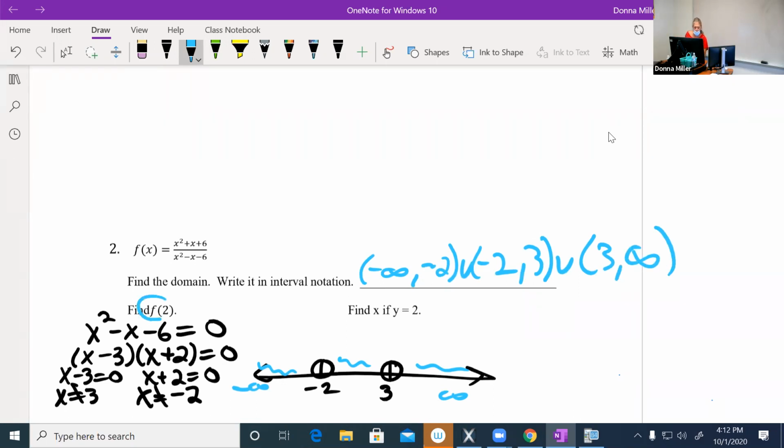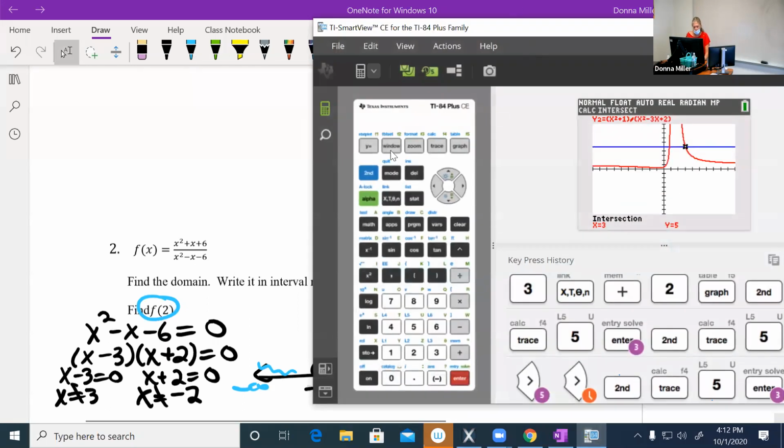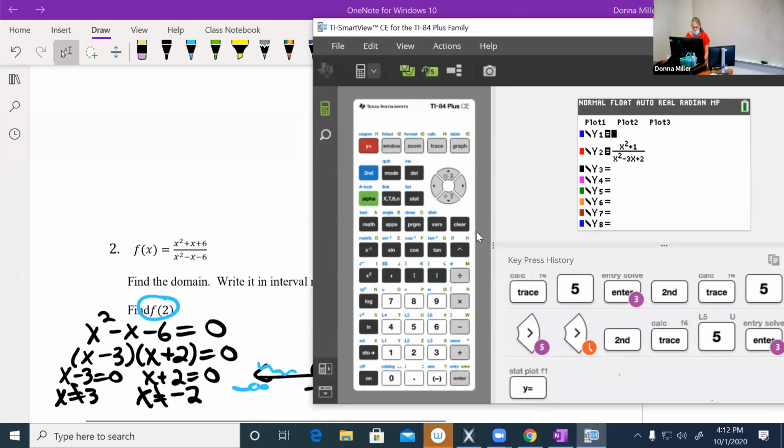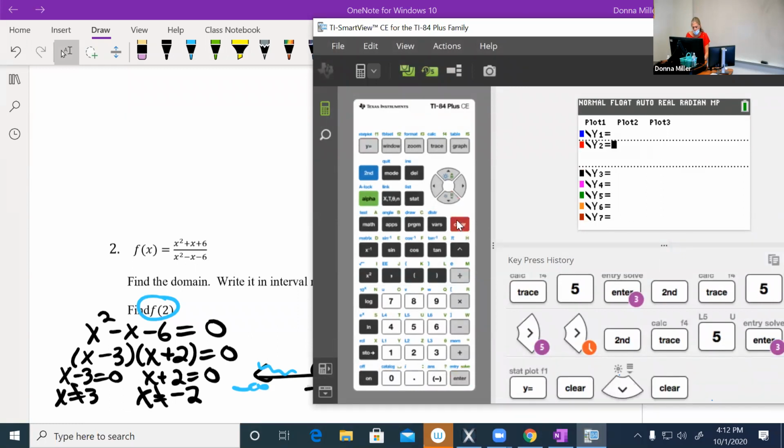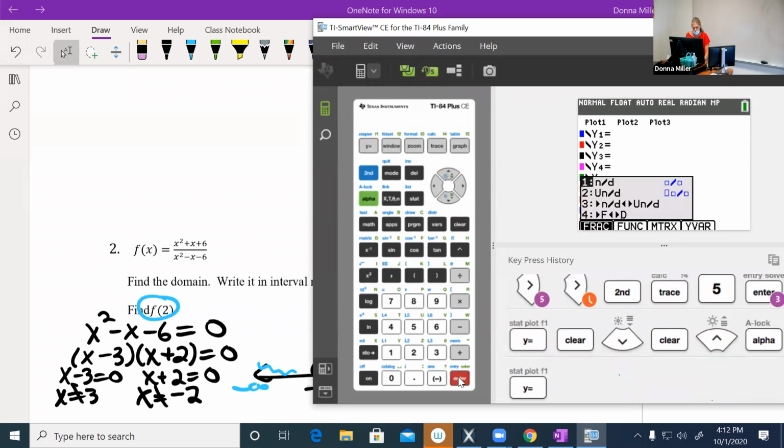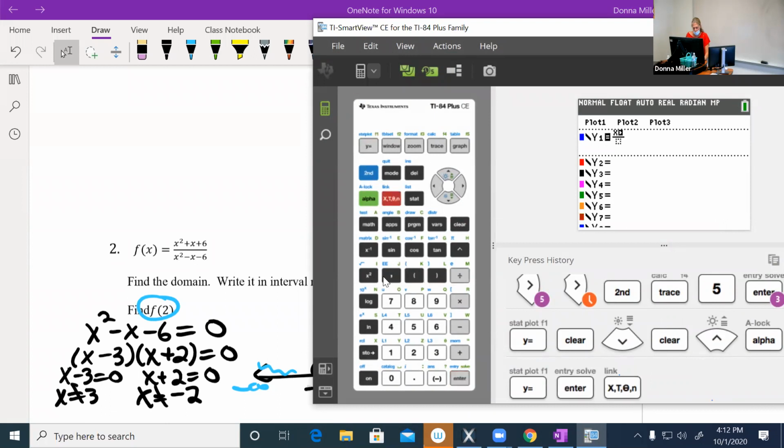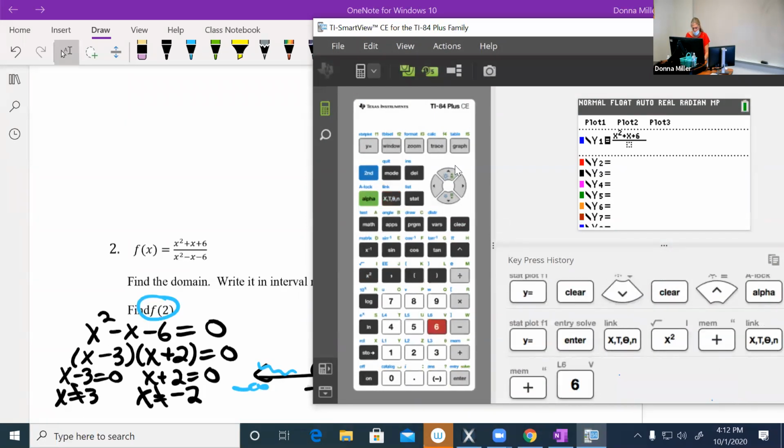So if they ask me to find f of 2, what do I do with that 2? Plug it in. I'm going to use the calculator because I'm going to use it anyways on the next one. I'm going to type it in: x squared plus x plus 6 over x squared minus x minus 6.